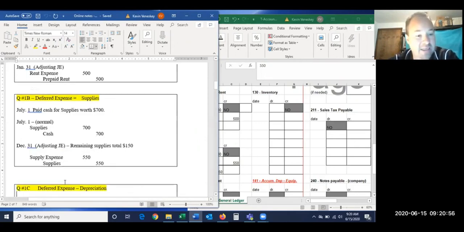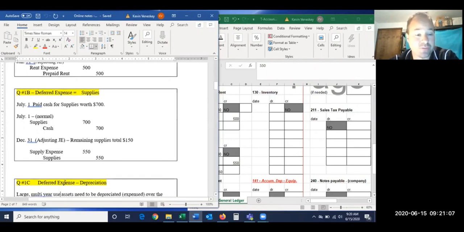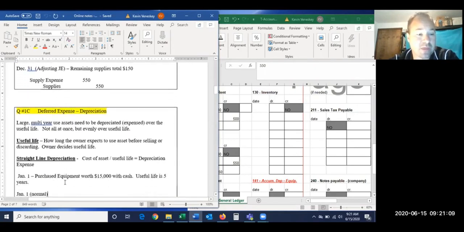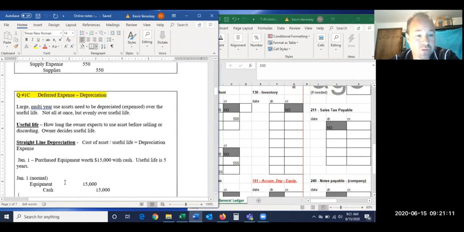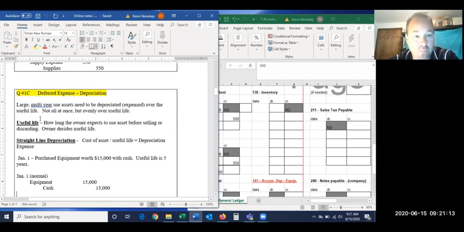All right, our last example in this quadrant 1 is using our big assets. And when we use them, we call it depreciation. Now we got a couple terms to look at. So whenever we buy something big, something I'm going to use over many years, we have to expense it a little bit at a time.